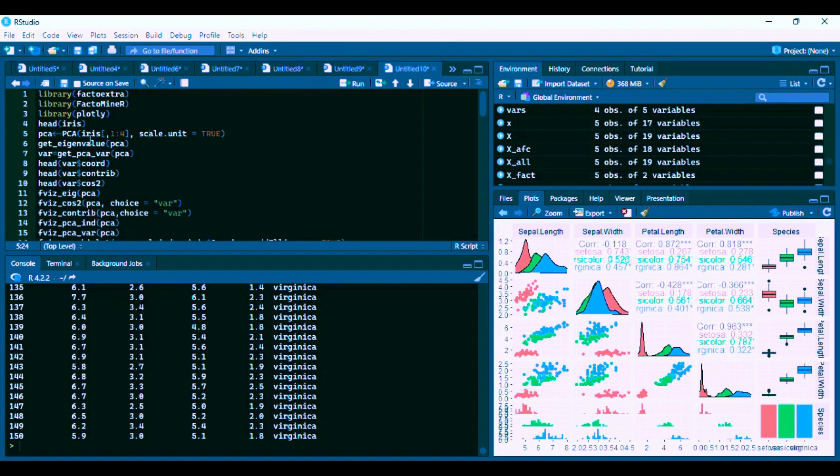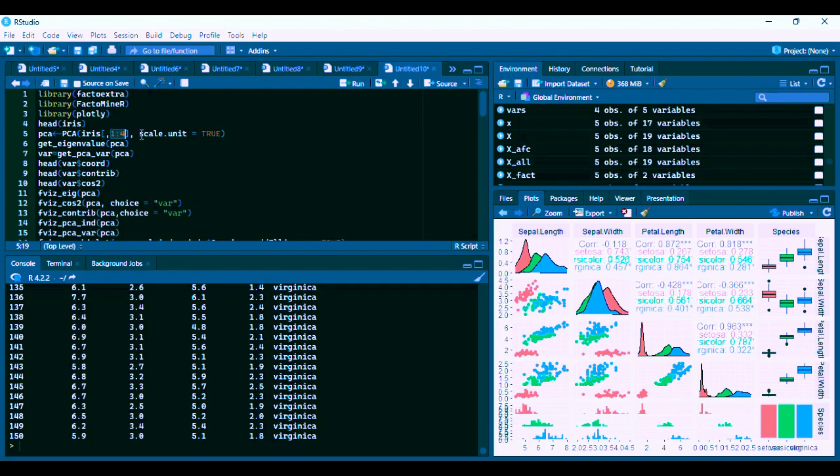So now we move to the second step, which is performing PCA using the PCA function from FactoMineR on iris, selecting only the four variables, because the fifth one refers to a grouping or categorical variable.